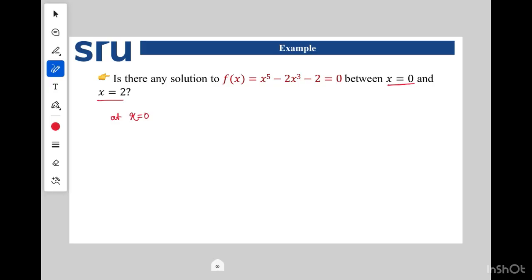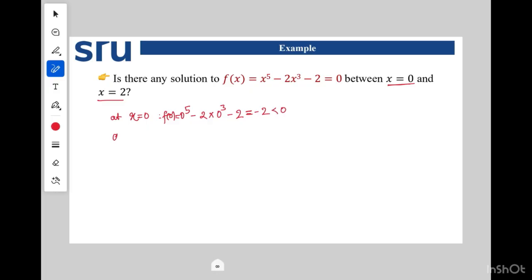So what is the function value at x = 0? It is 0^5 - 2 times 0^3 - 2, which equals -2. So at x = 0, f(0) = -2, which is a negative quantity.